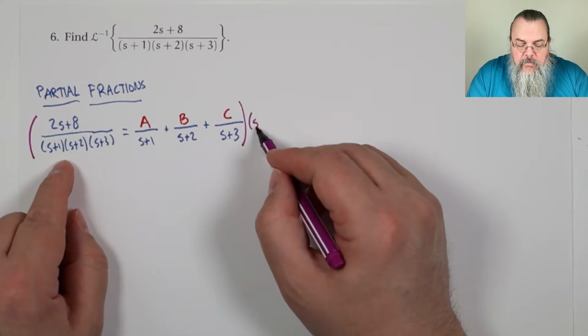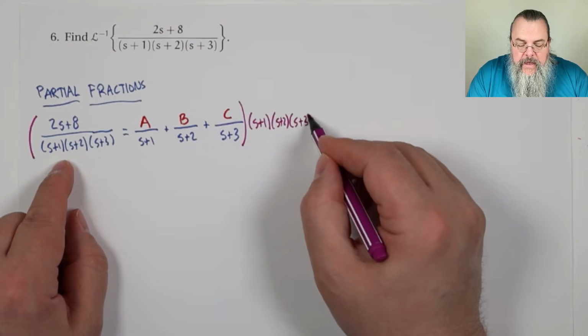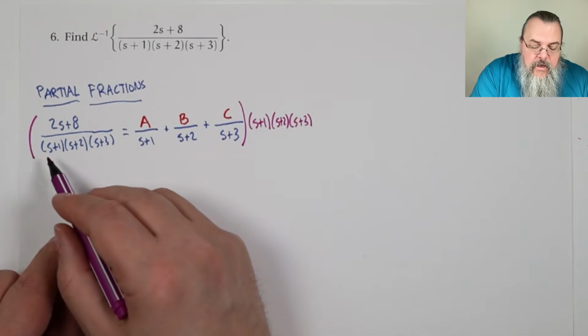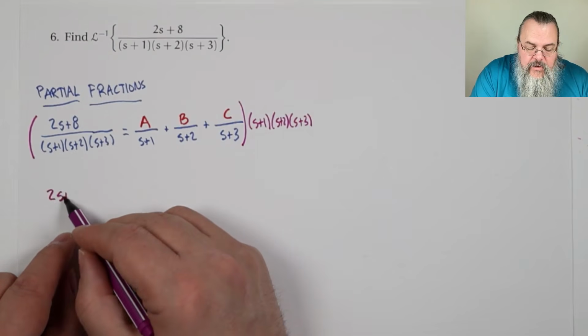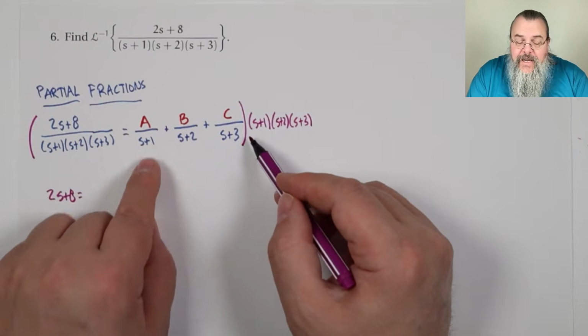So to get there, we'll say, all right, let's first off clear our denominators. So everything gets multiplied by s plus 1, s plus 2, s plus 3, our original denominator. If we do that, all of it's gone on the left-hand side. So 2s plus 8. In the first term, the s plus 1's cancel.